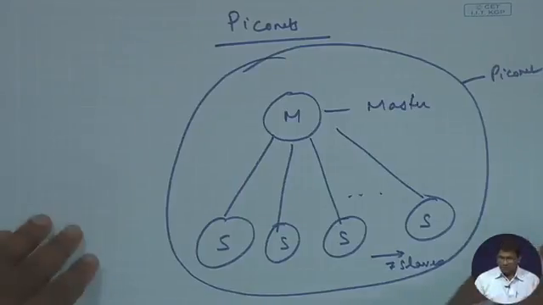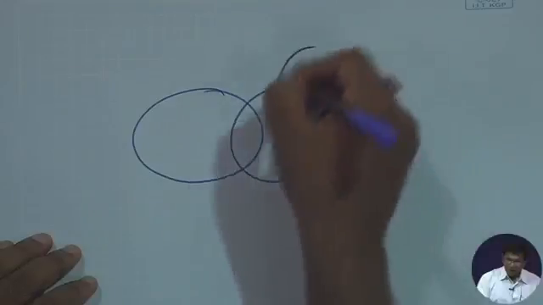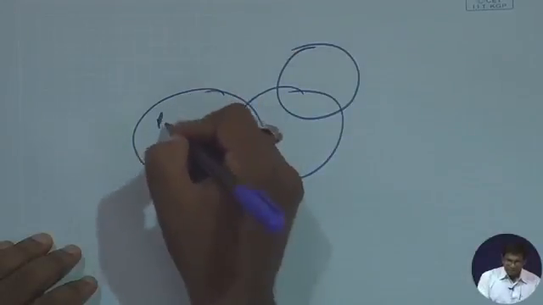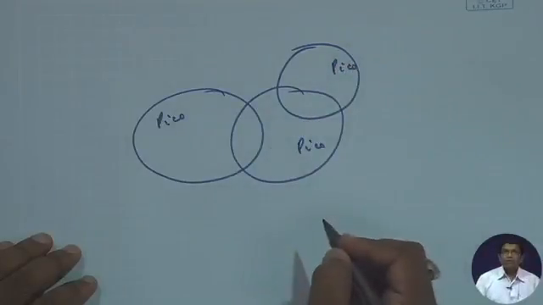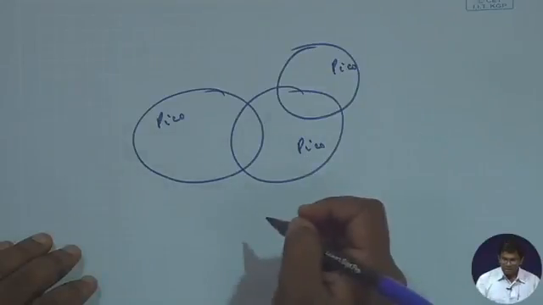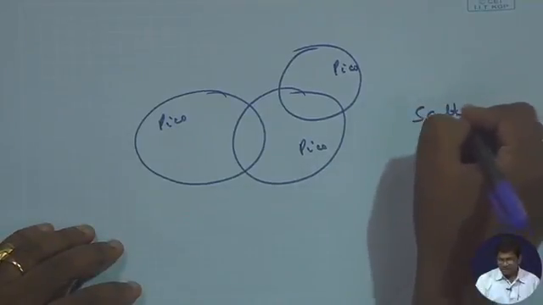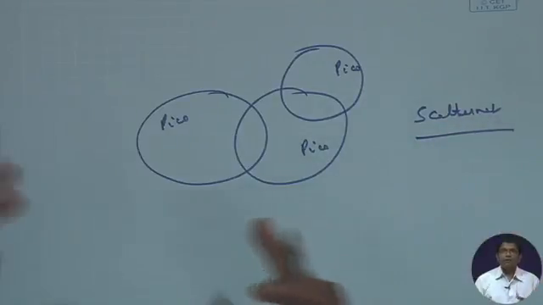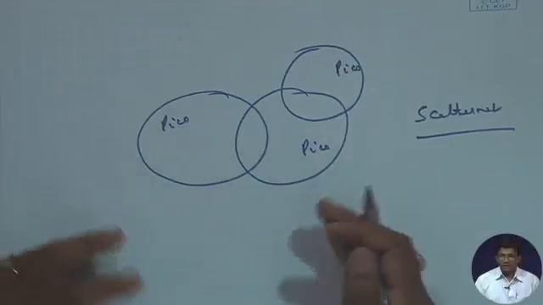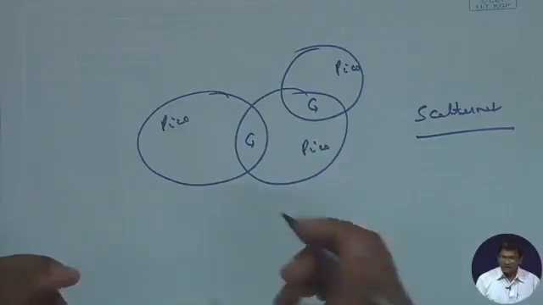Okay. Now, we have one piconet, another piconet, and another piconet. So, we have 3 different piconets, and all these piconets put together are known as a scatternet. This is the concept of scatternet. In a scatternet you have several piconets working together, and these piconets talk to each other via gateway nodes.